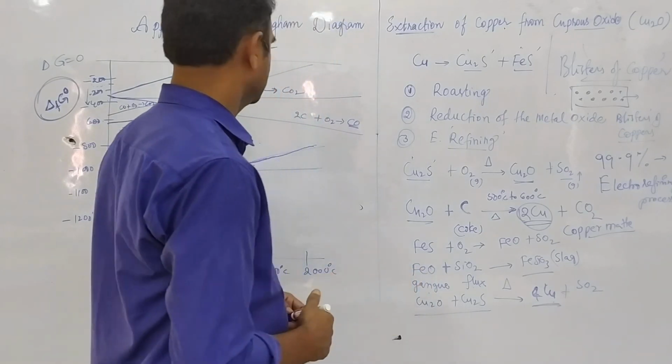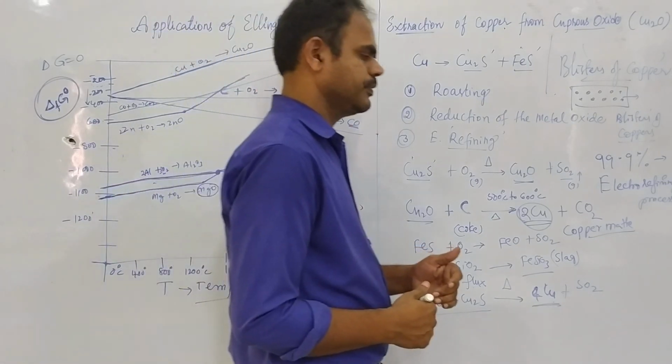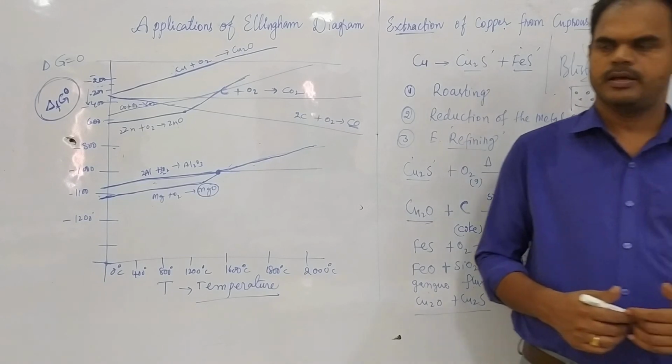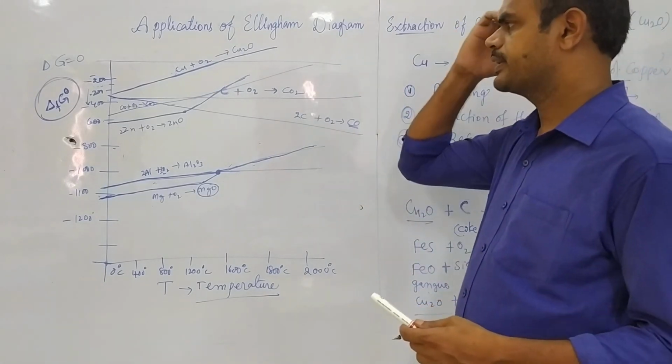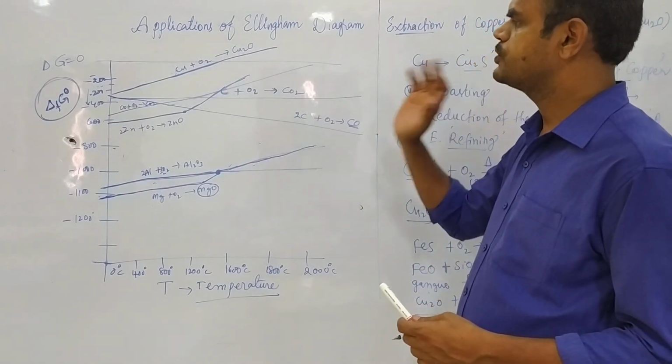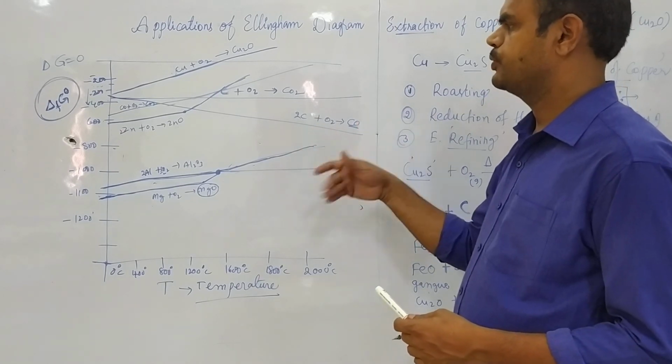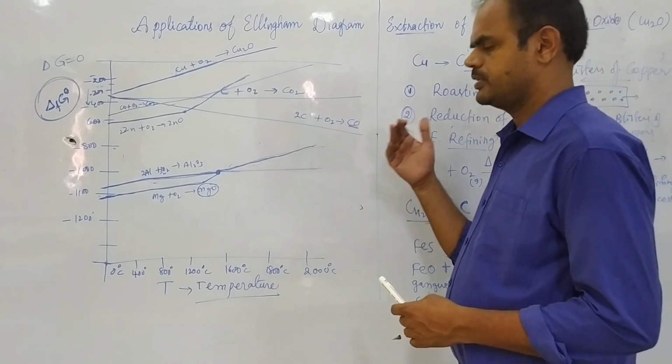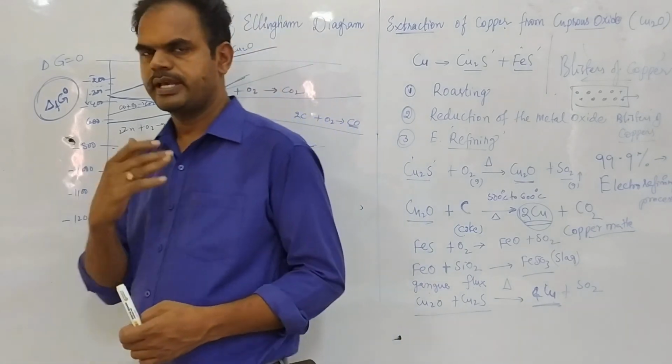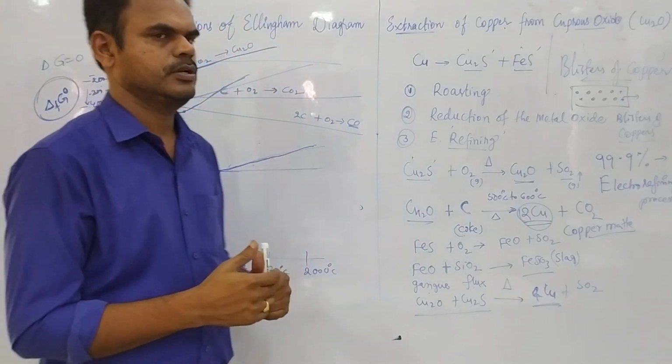So this is one application of the Ellingham diagram. Based on the Ellingham graphical representation, we can choose a suitable reducing agent for the extraction of the metal.